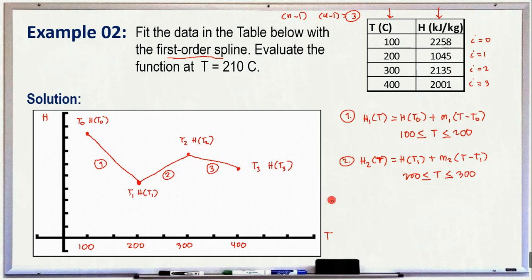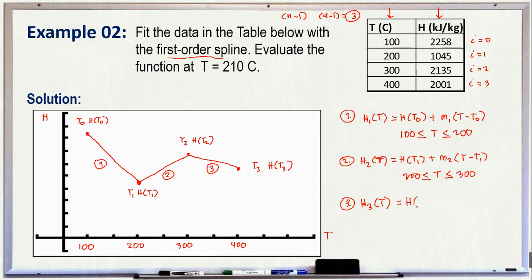Okay, the last line, we have h3 of t equals, so the data point towards the left is t2 for line 3.